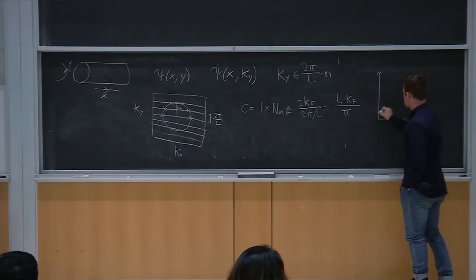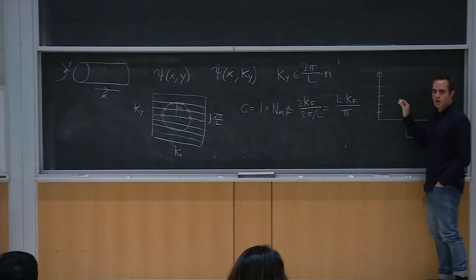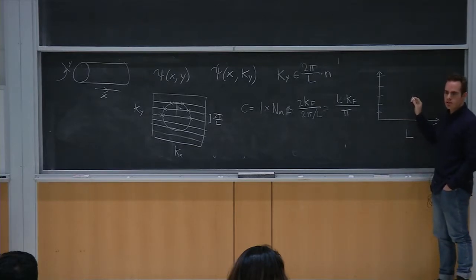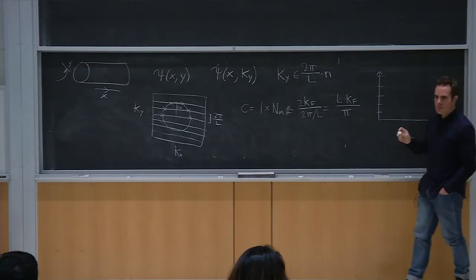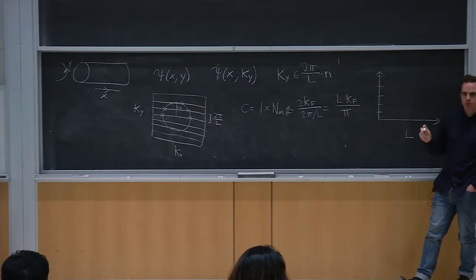If I do L here. So first of all, can anyone say, will all the central charges show up? Will I see central charge 2, as I increase the circumference of the cylinder?